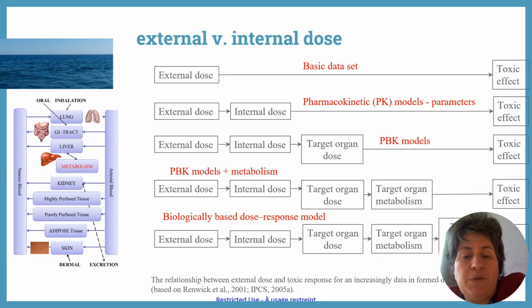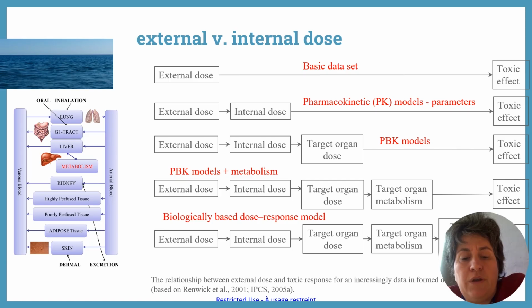If we have information on target organ dose, we can then use a physiologically based kinetic model to understand the path from external dose to the toxic effect. We can then inform a more specific physiologically based kinetic model if we can also include information on metabolism, so we go to a refined mode of action of the chemical.